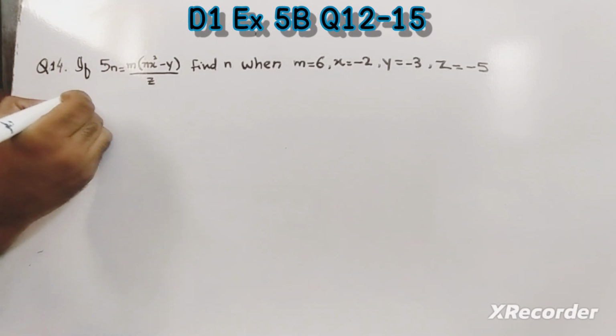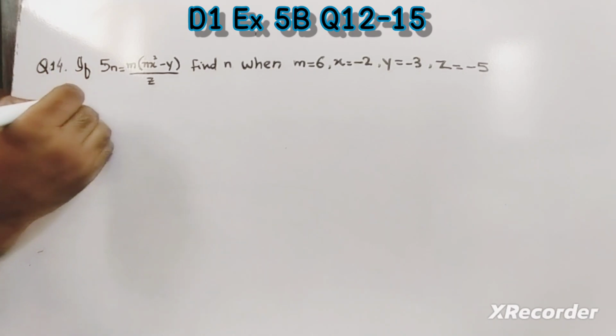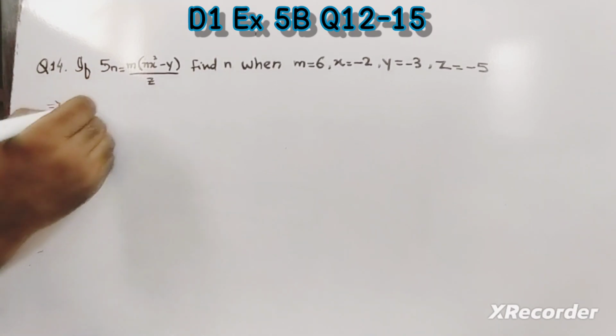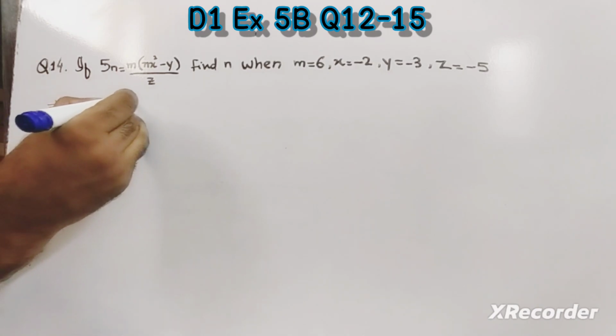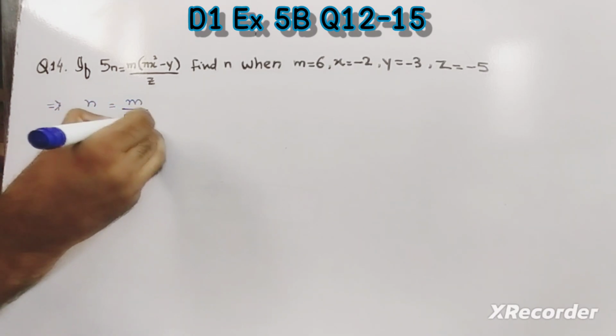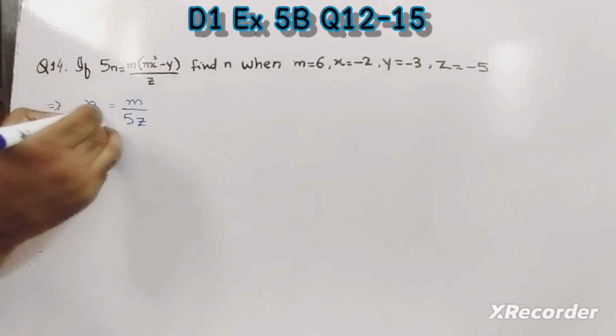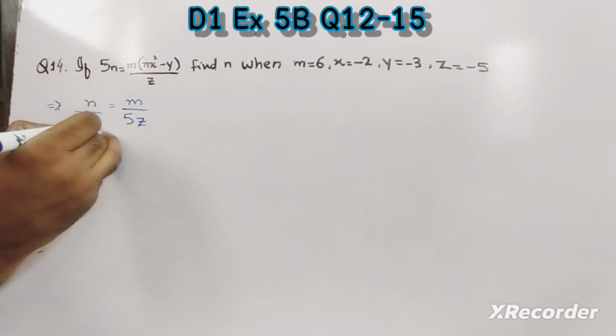So we can write n is equal to m upon 5z, and this bracket upon n x square minus y.